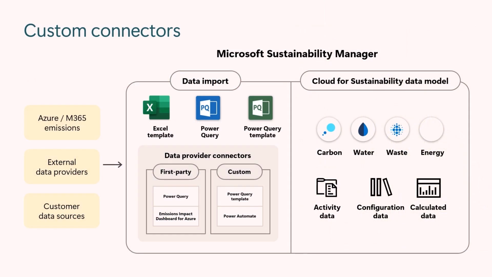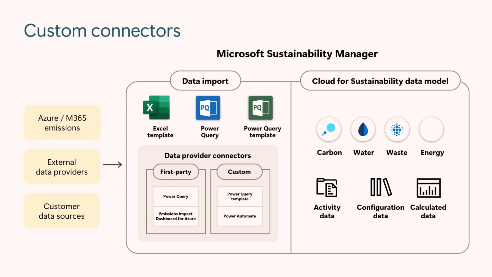Let's explore the custom connector framework. Microsoft Sustainability Manager data import engine supports 4 data import methods: Excel template, Power Query, Power Query template, and lastly, the data provider connectors.